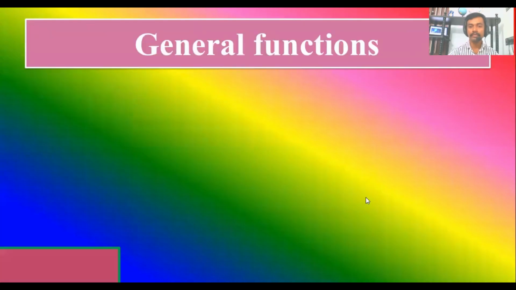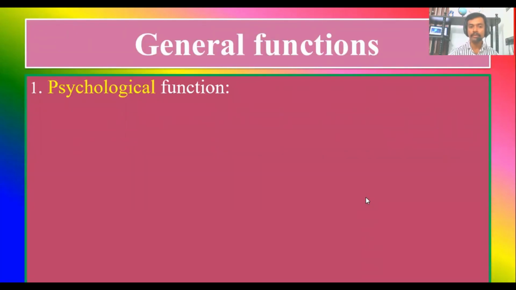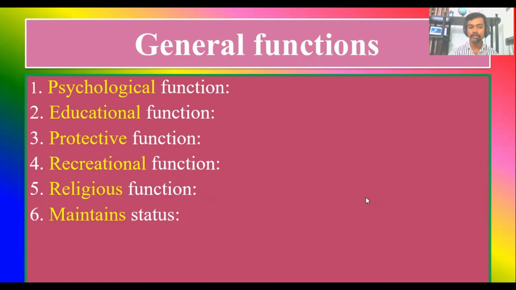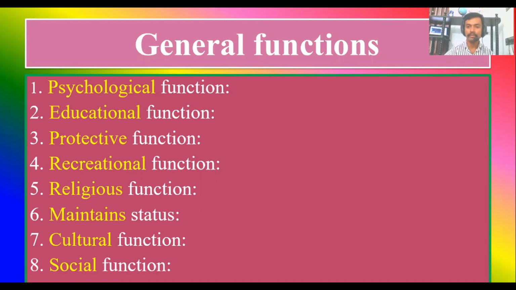Then general functions of family: psychological functions, educational functions, protective functions, recreational functions, religious functions, maintenance of status, which means family status, then cultural functions, then social functions, for example, relationship making, where family members relate with other family members or other institutions, including educational institutions, economic institutions, political institutions. These are the social functions.